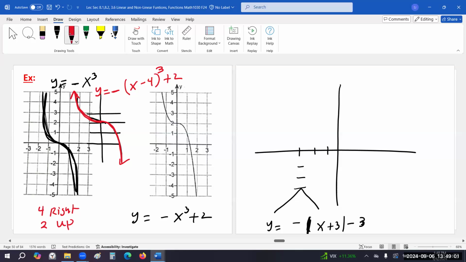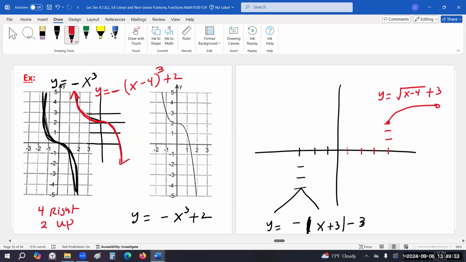Okay, one more. Let's say we have 1, 2, 3, 4. 1, 2, 3. And let's say we have this. That's the square root of x. And then minus 4 inside the square root, plus 3 outside the square root.